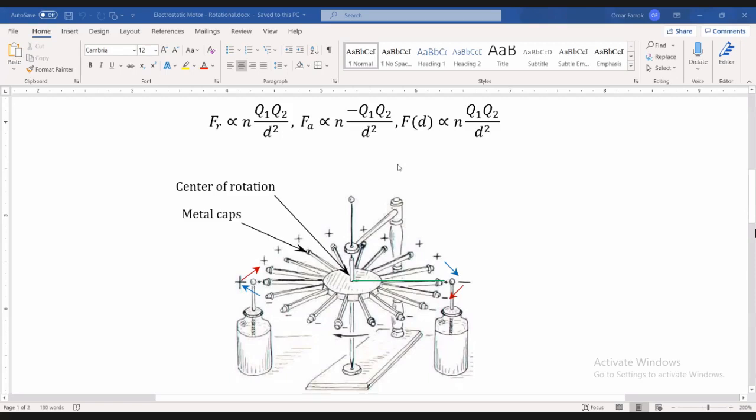This type of motor doesn't have any ferromagnetic material, permanent magnets or electromagnets. Therefore, this type of motor is almost the same. The only difference is that the rotational type electrostatic motor provides rotational motion, whereas the linear electrostatic motor provides linear motion. That's it.